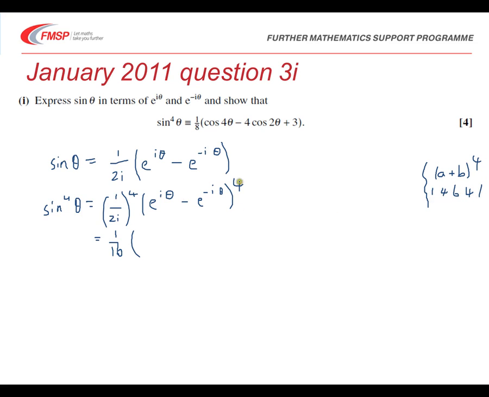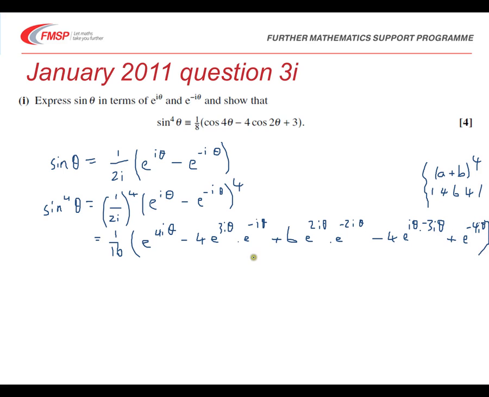So I'm going to expand this as a straightforward binomial, and I get e to the 4i theta minus 4 e to the 3i theta times e to the minus i theta plus 6 e to the 2i theta times e to the minus 2i theta minus 4 e to the i theta times e to the minus 3i theta, and then finally plus e to the minus 4i theta.